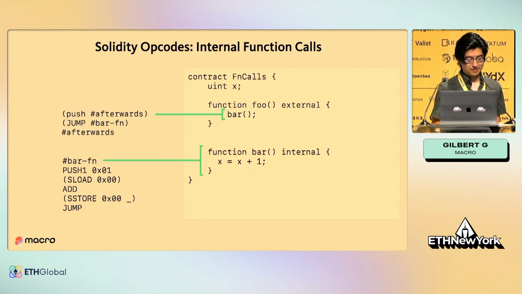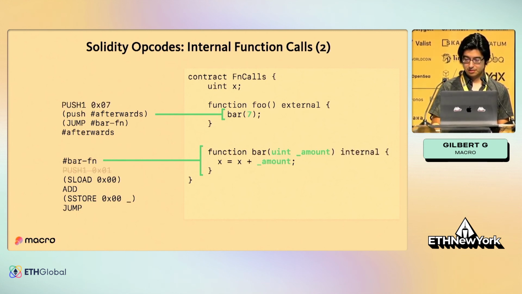So in bar-fn, we do our stuff, and at the end we jump, because we expect the return address to be on the stack, so we just jump back. That'll probably take a bit of studying, but that's okay.